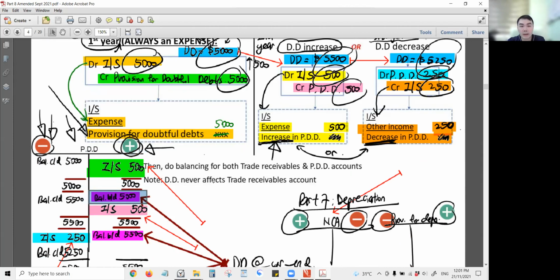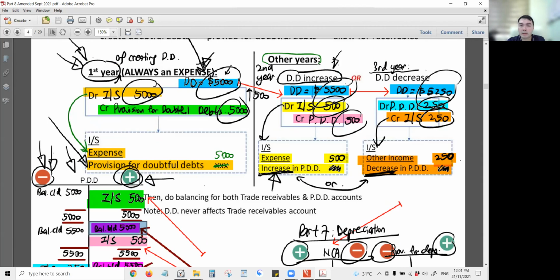Okay, then look at the second year. Second year is here. Okay, second year. So the second year is for me to show the doubtful debt having increased. Doubtful debt has increased. So let's say doubtful debt for the second year is 5,500. Increased by how much? Increased by 500. Okay, last year 5,000, this year 5,500.